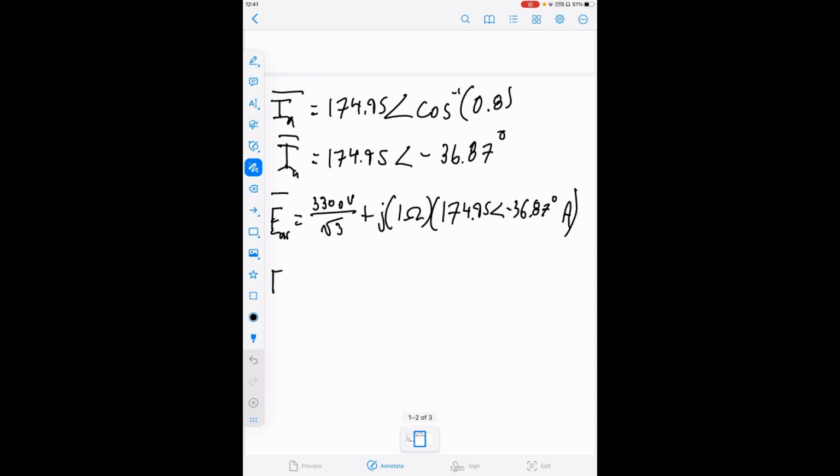So EA, if you plug it into your calculator, should turn out to be 2015.1, angle 3.97 degrees.